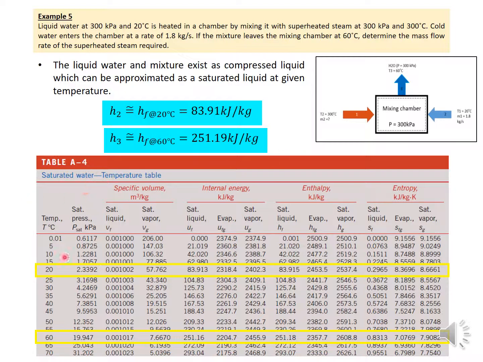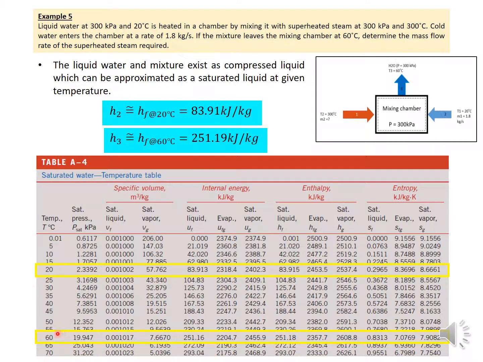Firstly, we refer to the temperature. At 20 degrees Celsius, the saturated liquid enthalpy equals 83.915 kilojoule per kilogram.